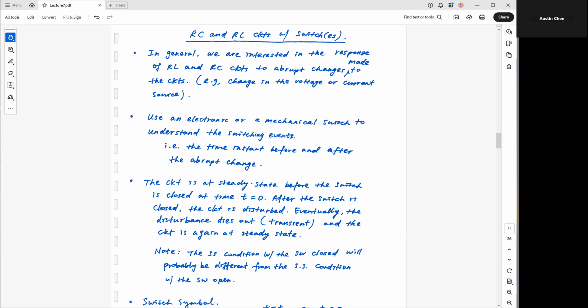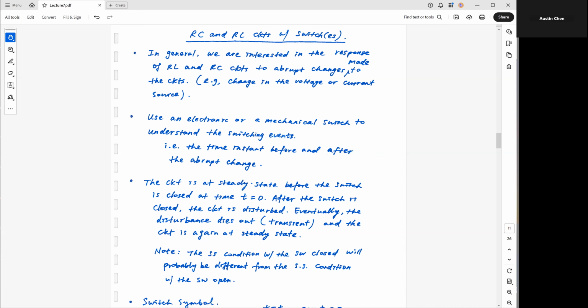Now there's one more concept I wanted to introduce here. Later on when we analyze circuits in examples, you will see that there will be some switch or switches depending on the problem involved in the circuit. So why do we need a switch? In general, we are trying to understand the response of this circuit due to any abrupt change, any sudden change that we introduce to the circuit.